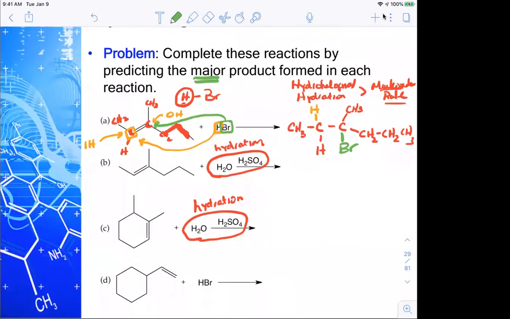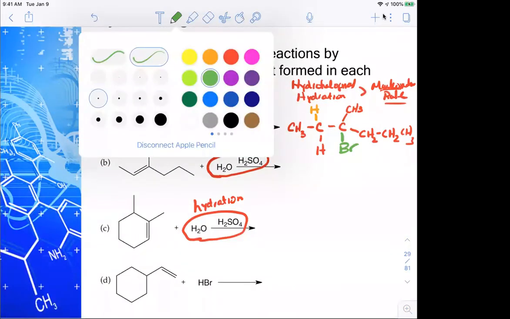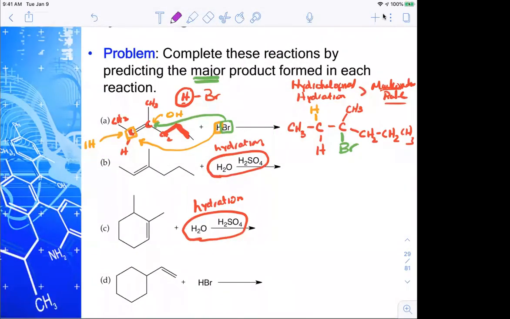I could have added in the opposite direction, right? I could have had the bromine end up here and the hydrogen end up there. This would give me my minor product, which is the other isomer of this compound where the bromine is on this carbon and the hydrogen ends up on this carbon.